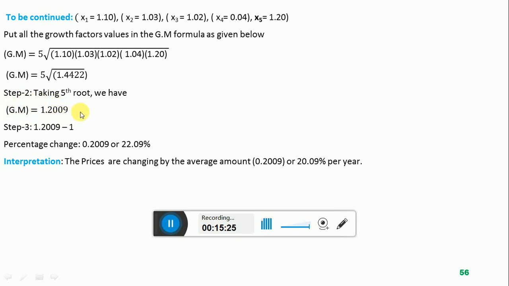Now to calculate the percentage change in prices over time, the statistician has to subtract 1 from the calculated geometric mean value. The calculated geometric mean value is 1.2009. Subtracting 1 from this, we have the average percentage change 0.2009 or 22.09%. What does this mean? This means the prices annually are increasing by 22.09%.